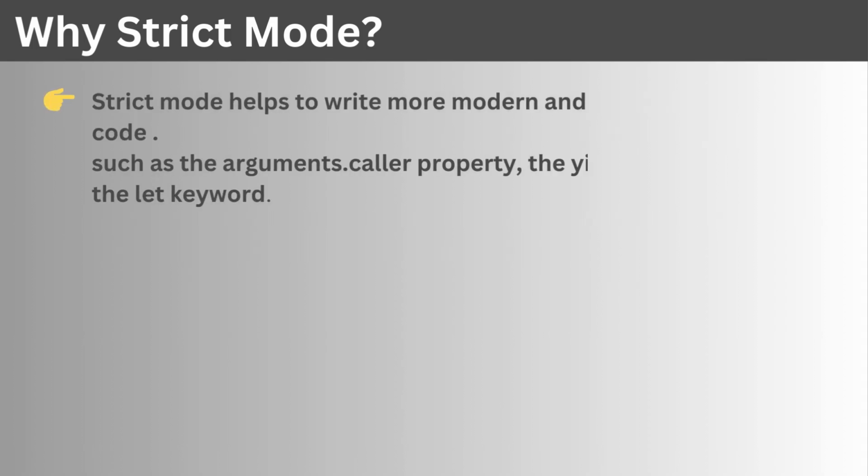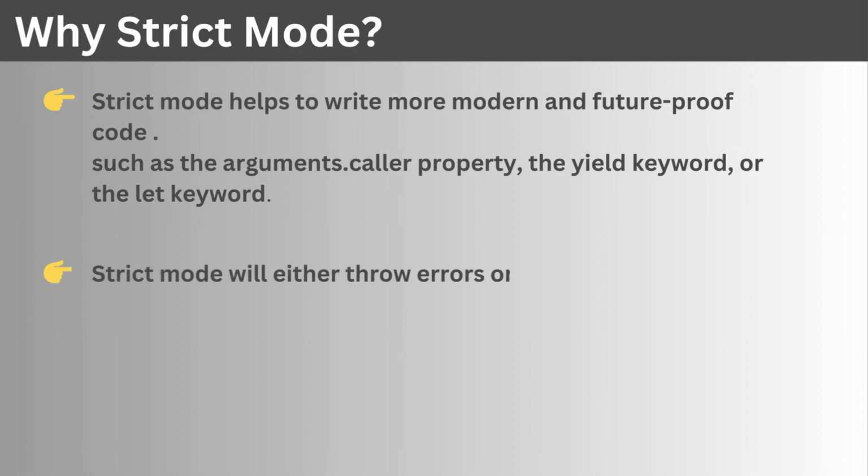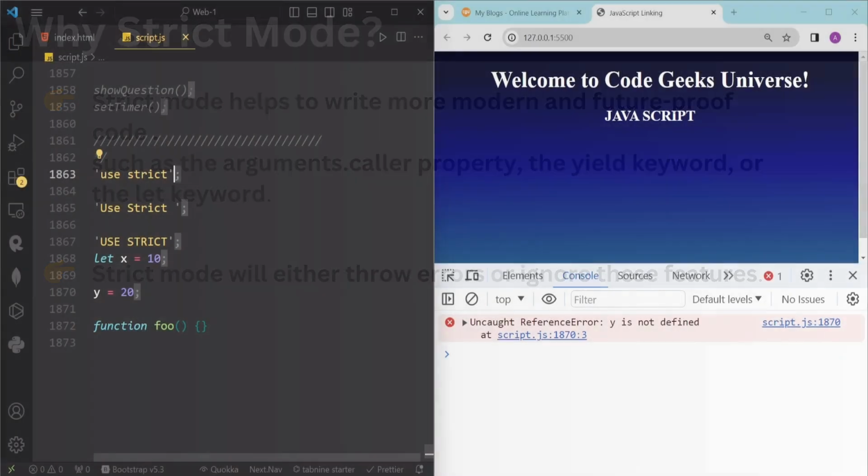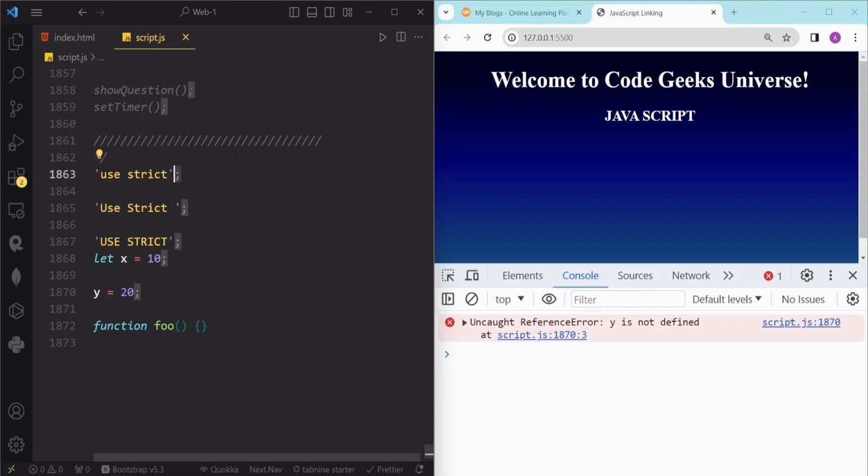Third, it helps us write more modern and future-proof code by avoiding some features that are deprecated or reserved for future use, such as the arguments.callee property, the yield keyword, or the let keyword. Strict mode will either throw errors or ignore these features, which makes our code more compatible and consistent across different browsers and environments. And now we are going to discuss a few things that are not allowed in strict mode.